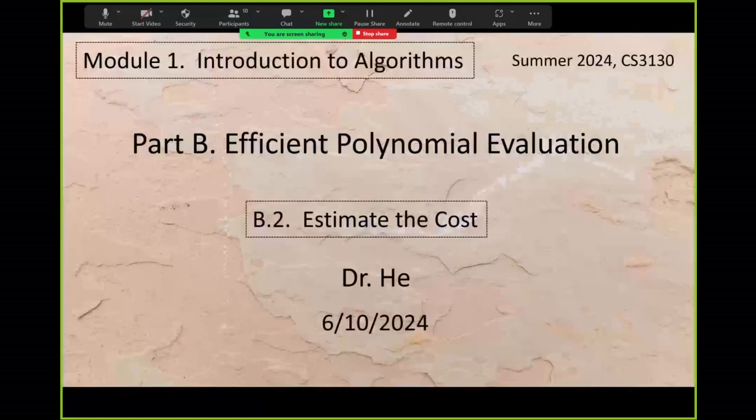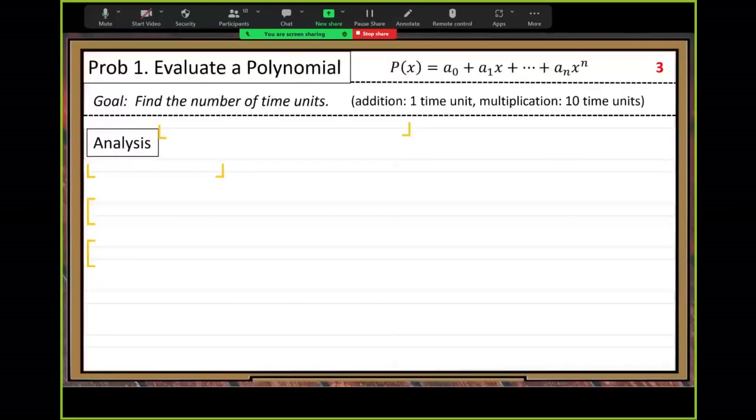All right, so let's do the next step, B.2, estimate the cost. Now we are ready to estimate the computation cost to evaluate a polynomial using the brute force method. So here we want to see how well the brute force method can perform. To do that, now we need to do the detailed estimate.